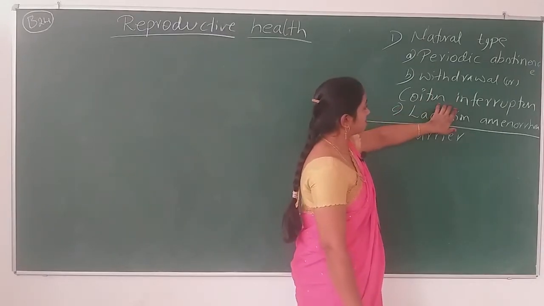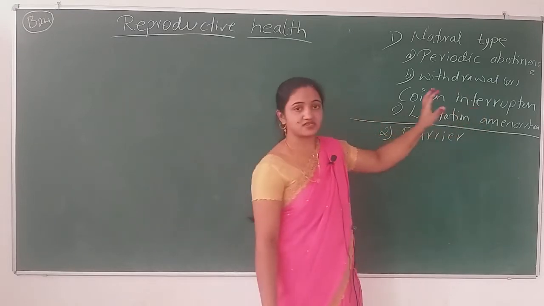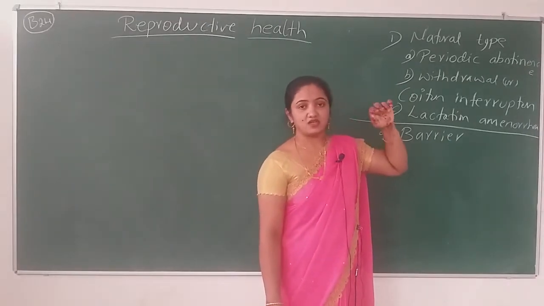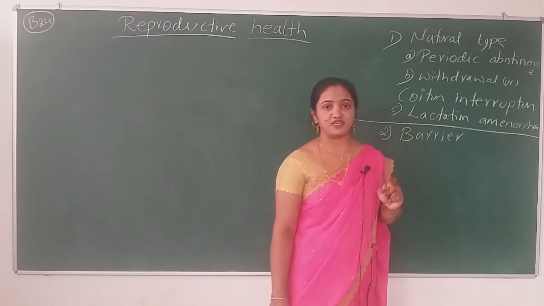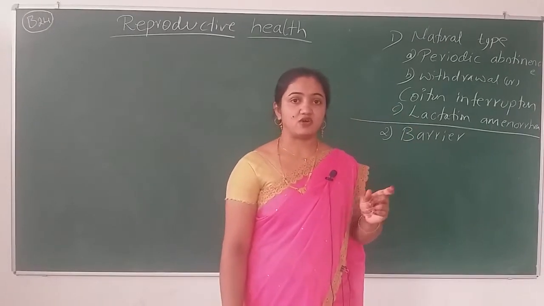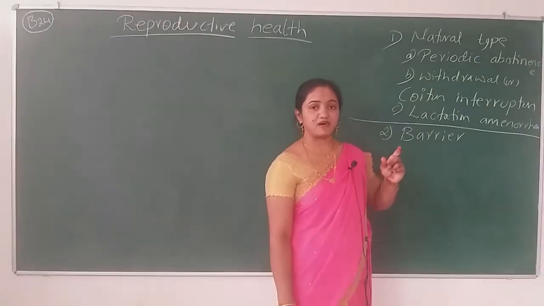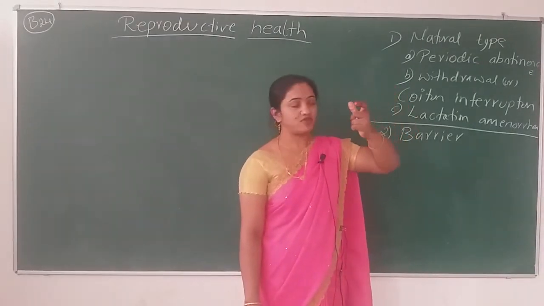And withdrawal or coitus interruptus is for males. During ejaculation they should take the external genitalia out of the vagina. If they ejaculate outside the body of the partner, fertilization can be prevented.